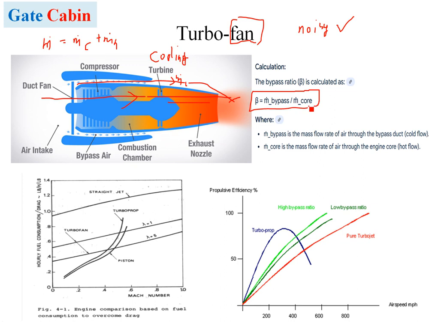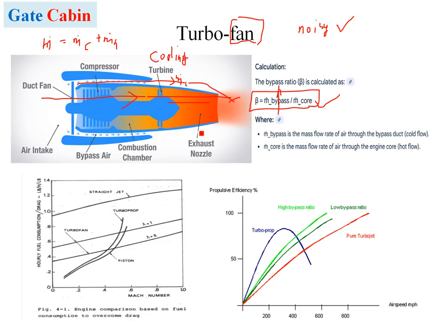So the bypass ratio, or the quietness of an engine, is decided by the mass which is passing through the core engine. A larger amount of mass bypassing will give a high bypass ratio.